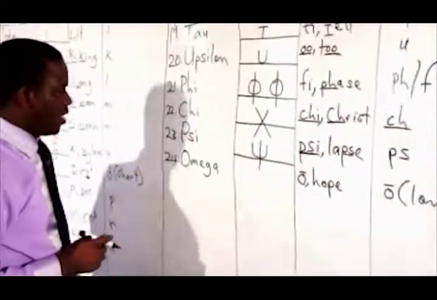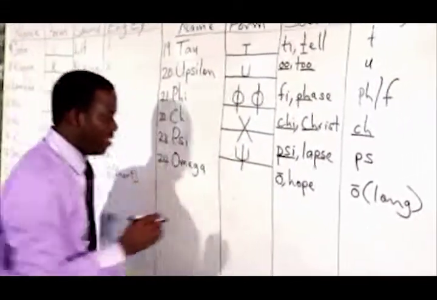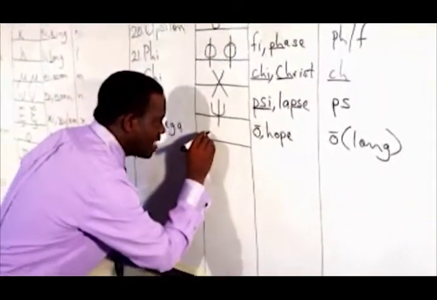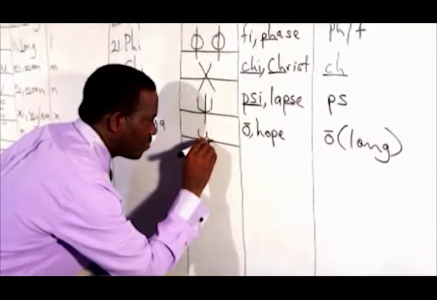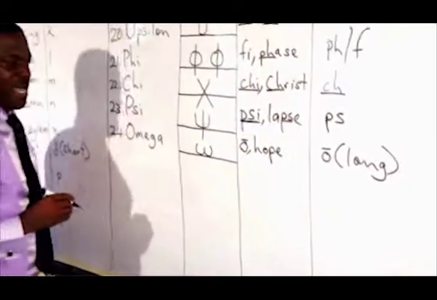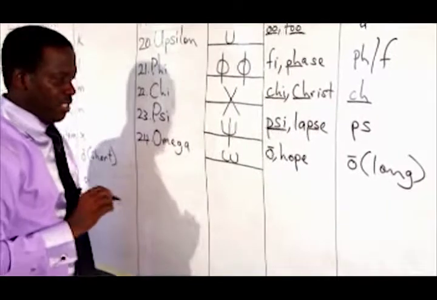The last Greek letter is called omega. And your line again. This is exactly how to write omega. Don't write omega as if you are writing English W. This is omega.